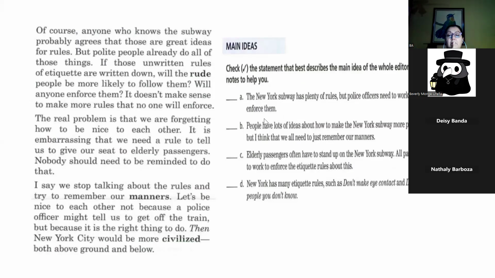Could it be A instead of B? Why not C? Why not D? I think it's A. You think it's A? Why, Ana Lucia?